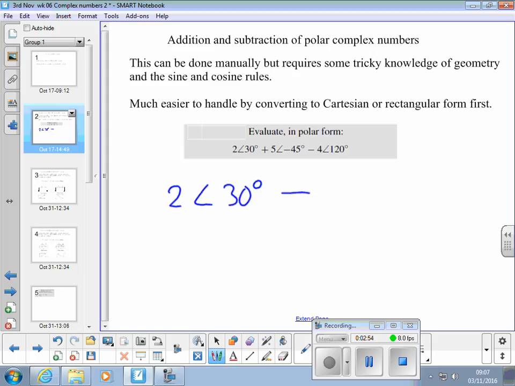In your exam answers, use that to say convert to such and such in rectangular form.